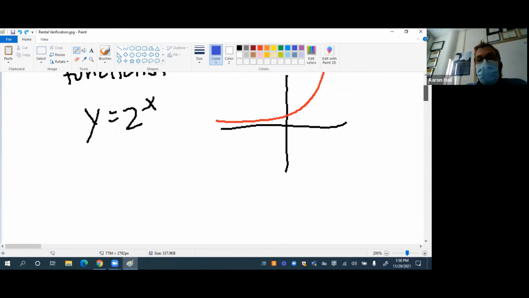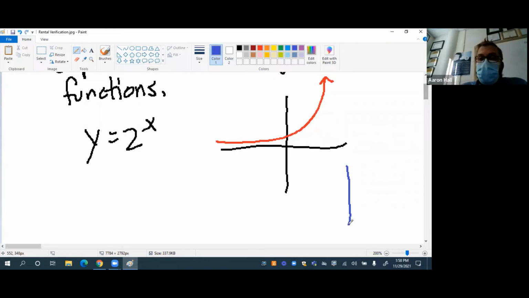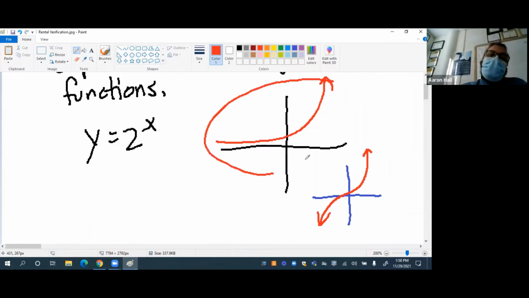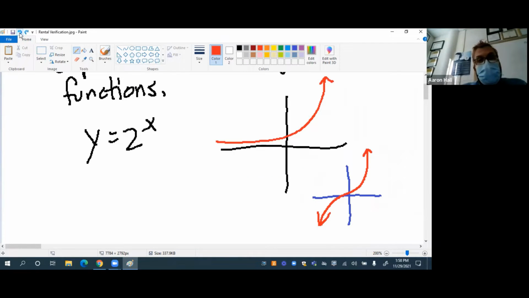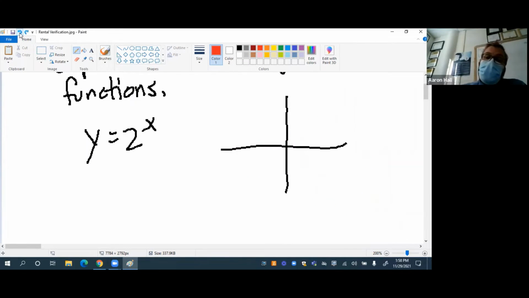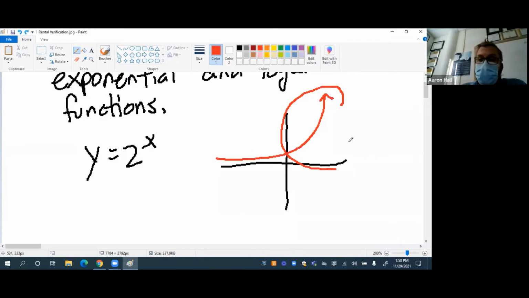All right, so if I have something like this that seems to go up, does that mean this is also exponential? What distinguishes this as exponential and not something else? It's end behaviors. What about the end behaviors make it exponential? One side does what?